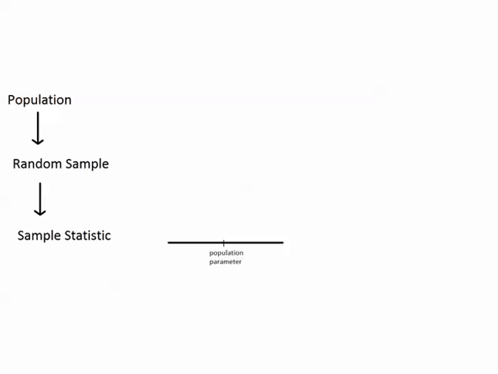For example, if we're taking a random sample of 50 people, there's many possible combinations of 50 that could be selected. And the actual sample will just be one of those possible samples.